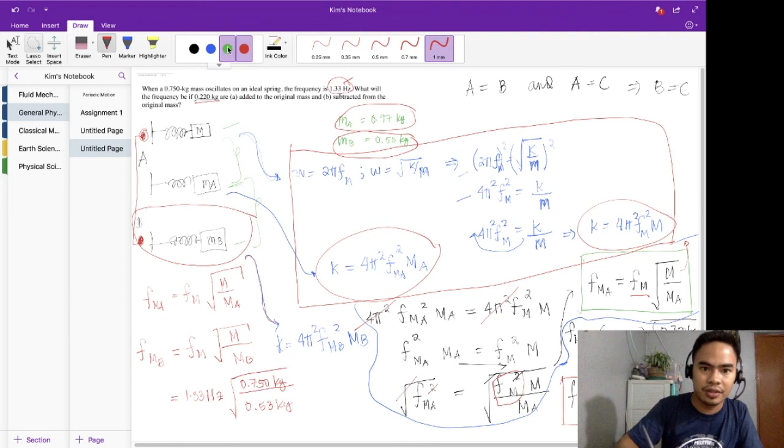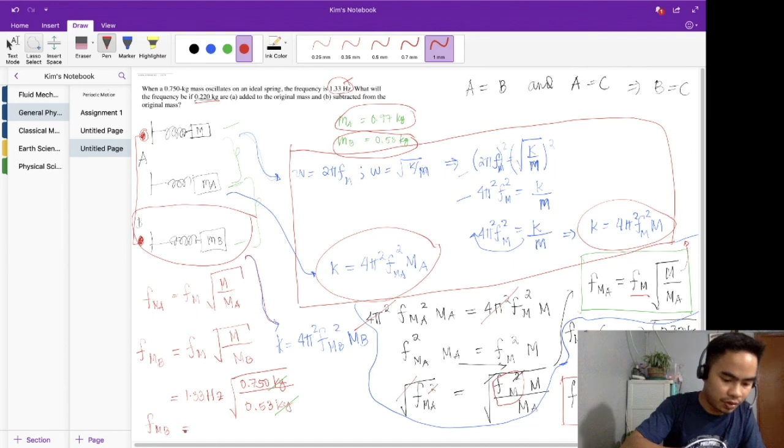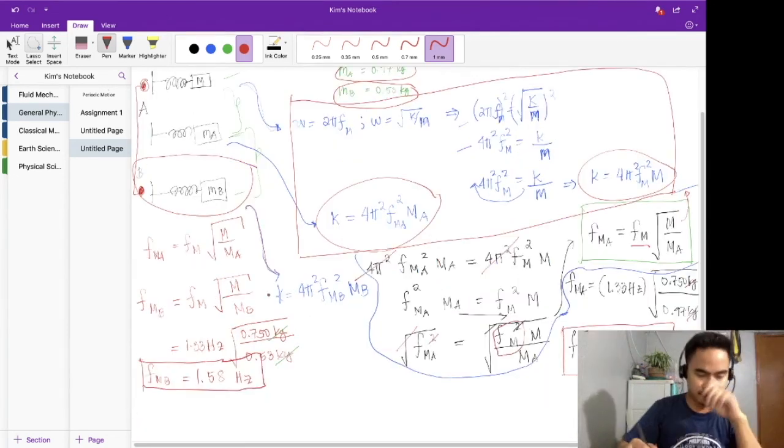Okay, so you see that the kilogram units will cancel out, so your f of the mass of b is equal to, let me work on my calculator, 0.53. Okay, so you will get 1.58. So 1.58 hertz.